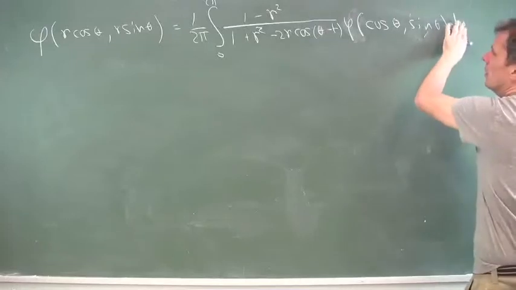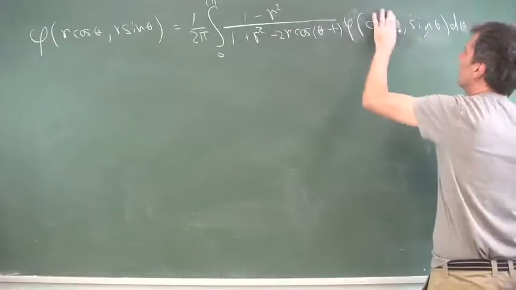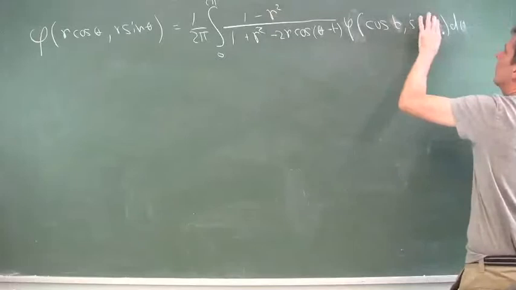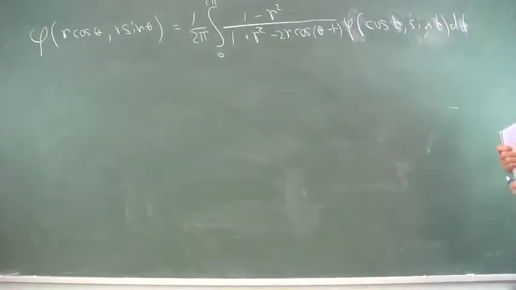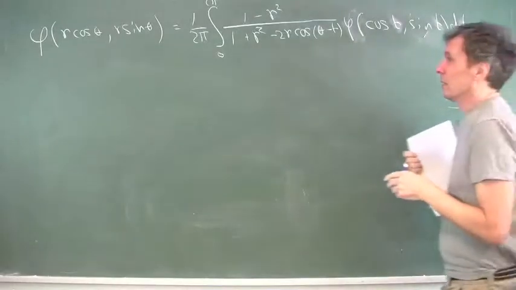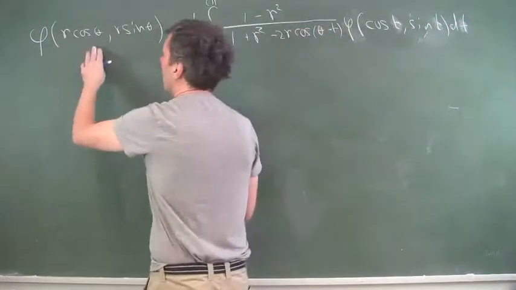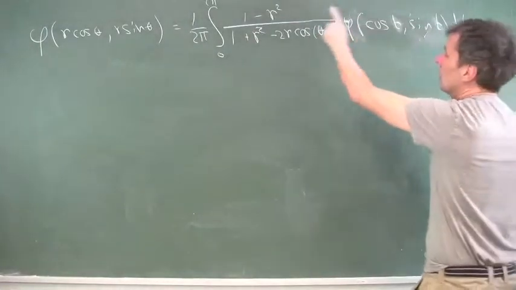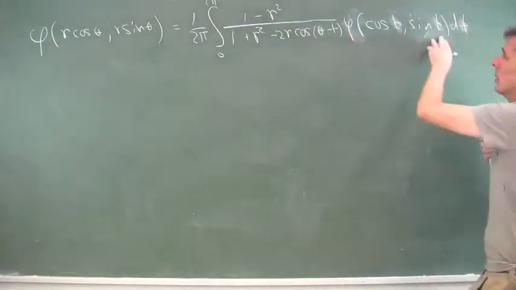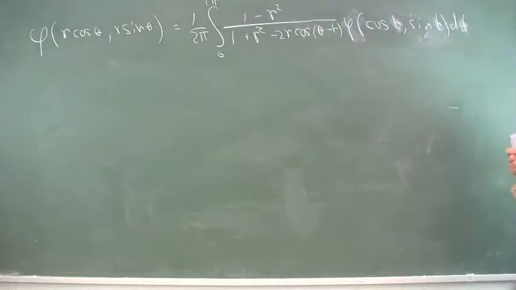There should be a t here, like that. This gives the value of the harmonic function at any interior point in terms of this integral, which uses only the values of phi at the boundary.